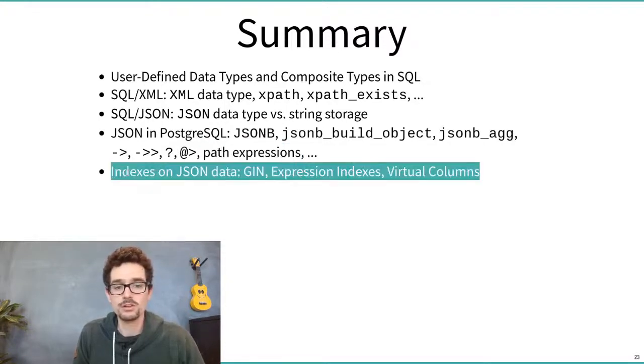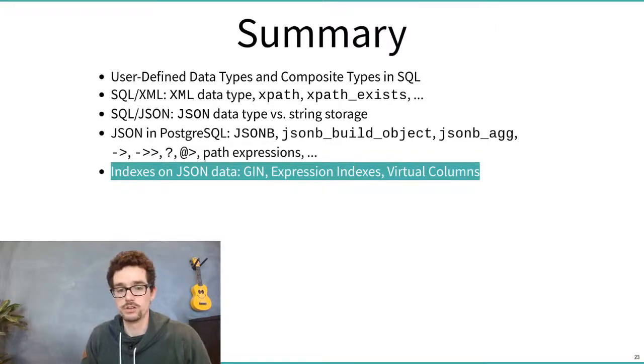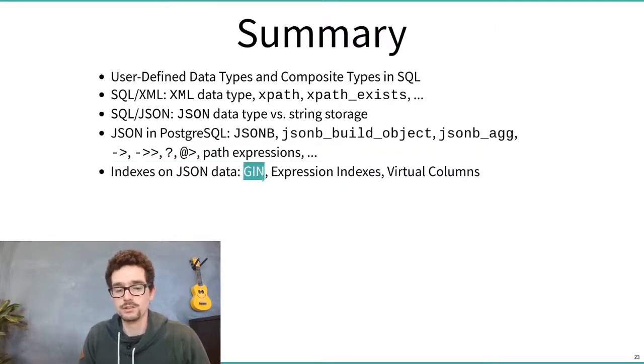And today we took a look at indexes on JSON data, the generic inverted index, the generalized inverted index, for indexing a whole JSON document, all its keys and all its values, for quickly searching something within a document.